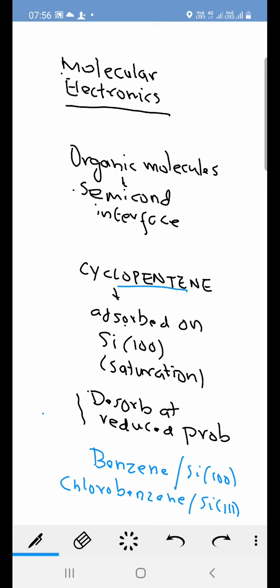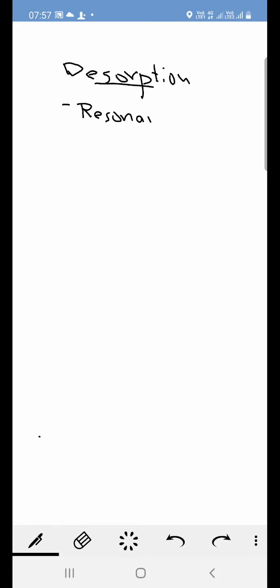Now, if we concentrate on the process of desorption, the desorption occurs via resonant attachment of a foreign electron to the HOMO-LUMO gap.